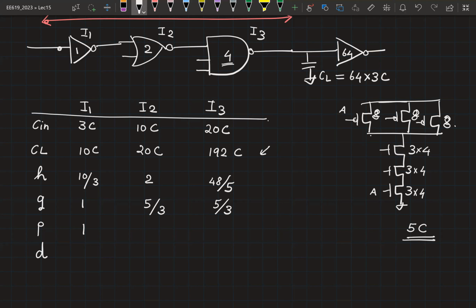So the output capacitance of a NOR 2 is how much? 6. So 6 by 3, that will give you 2. What about the parasitic delay of a NAND 3? You can either consider the unit devices or size it to the same drive strength and consider. Which is 6?